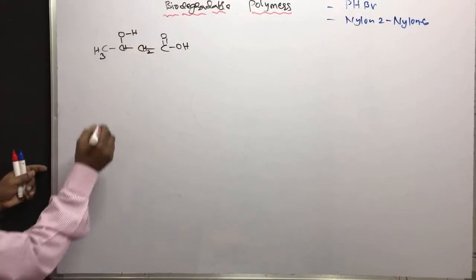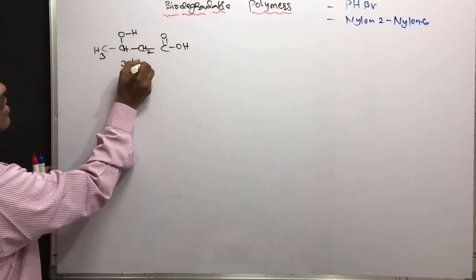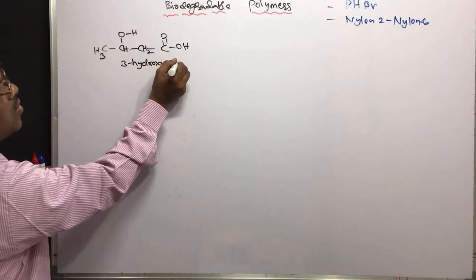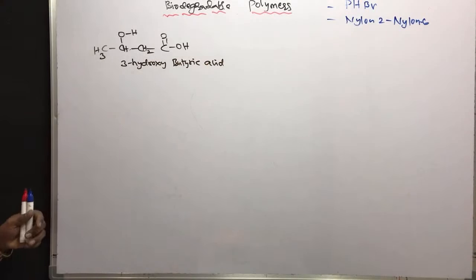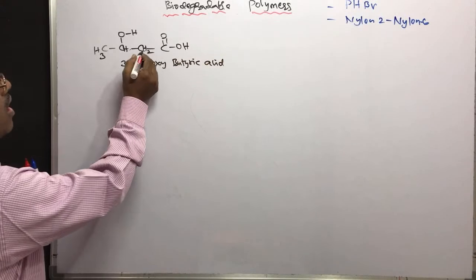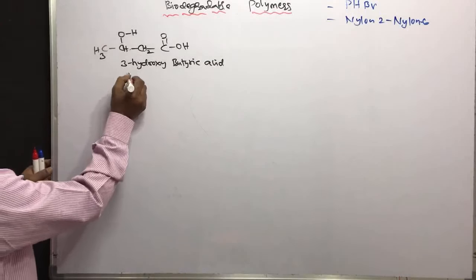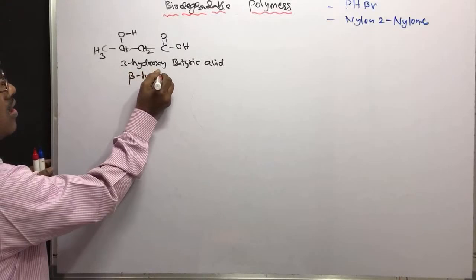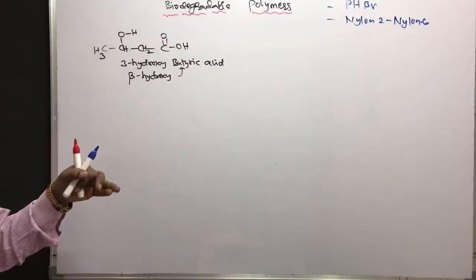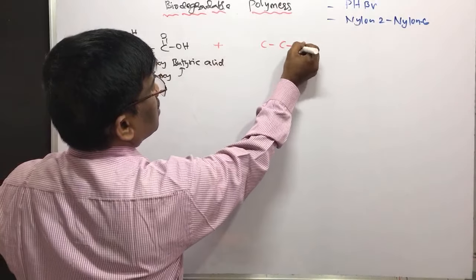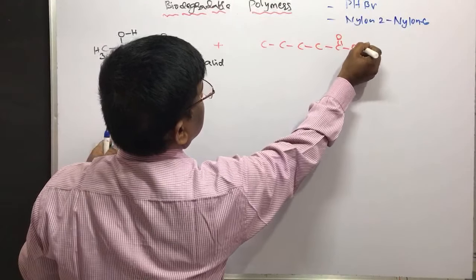This is 3-hydroxybutyric acid, butyric acid. If I write alpha, beta, it is beta-hydroxybutyric acid, 3-hydroxybutyric acid, plus valeric acid. How many carbons will be there in valeric acid?